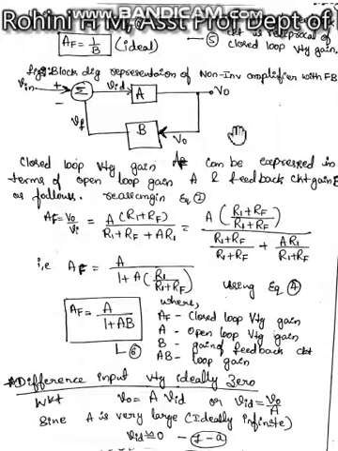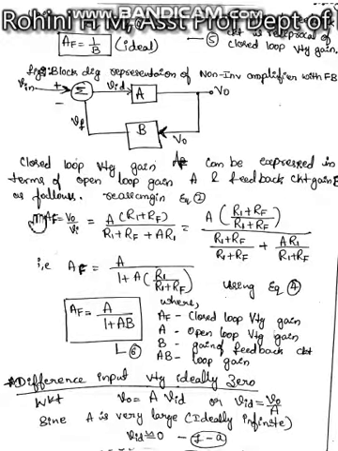The closed loop voltage gain can be expressed in terms of open loop gain A and feedback gain B as follows. So now we write the closed loop gain AF as V out divided by V in.